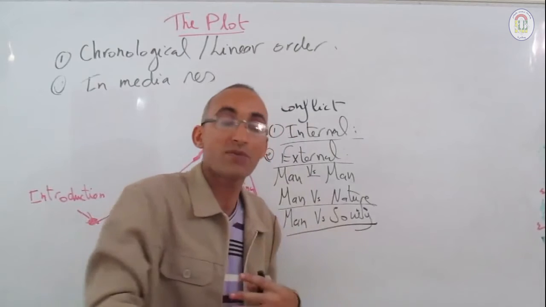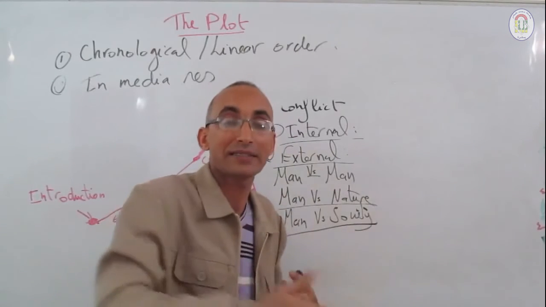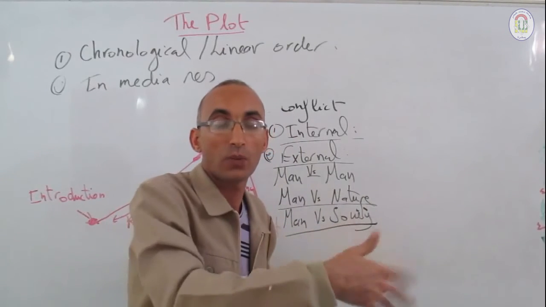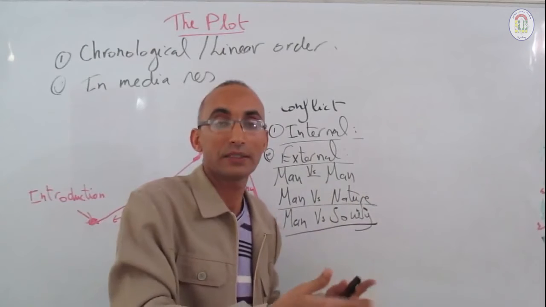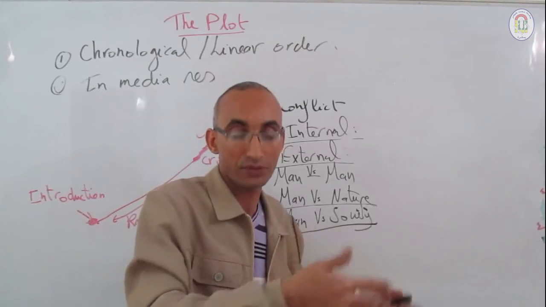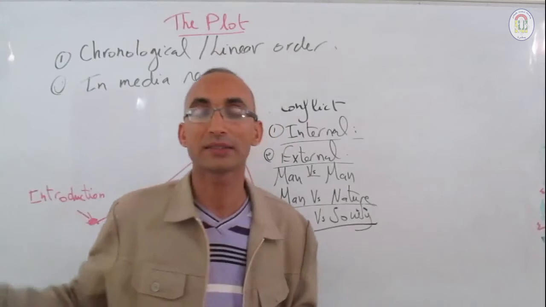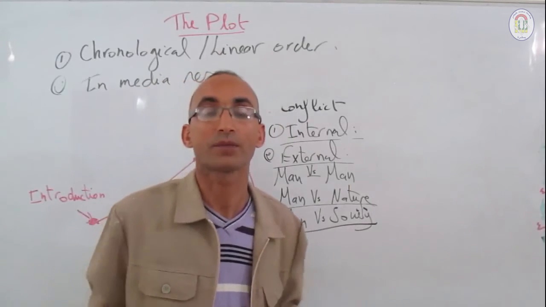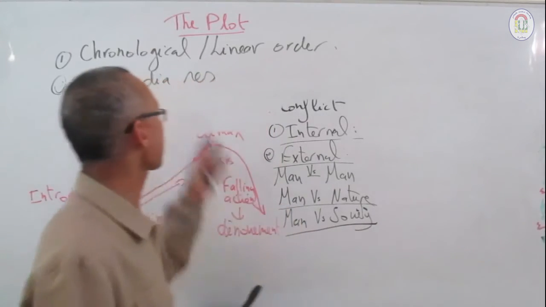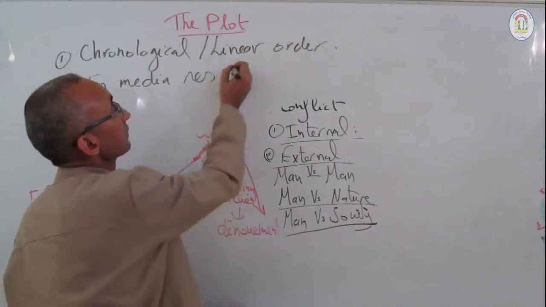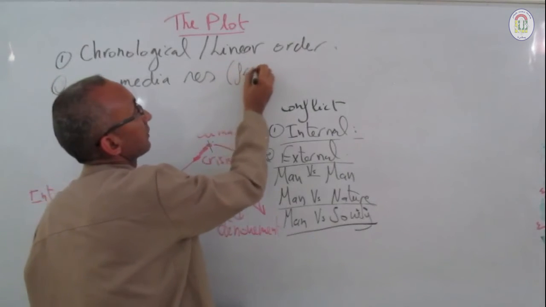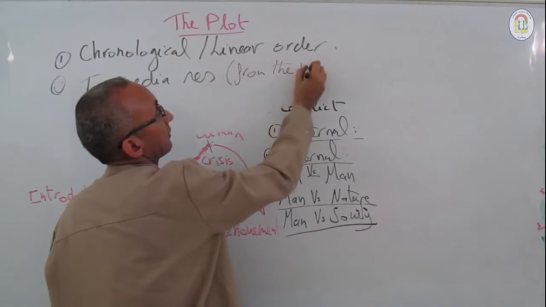Then the story events will tell us later about what happened after he's running away from this or that incident or thing. So the second one is to start from the middle.